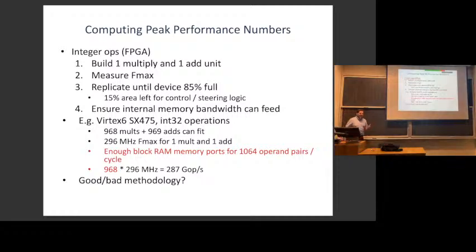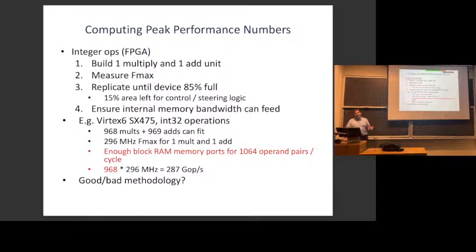For an FPGA, it's a bit more tricky because you can build anything. On all the other devices, they're just checking, can the register file, or in the case of the CPU the L1 cache, keep that many integer units fed? And if it can, fine. The number is just integer units times clock cycles. But for the FPGA, how many integer units do we get? You can't just point at an FPGA and say. You have to actually make a design to see how many integer units you can fit on it.